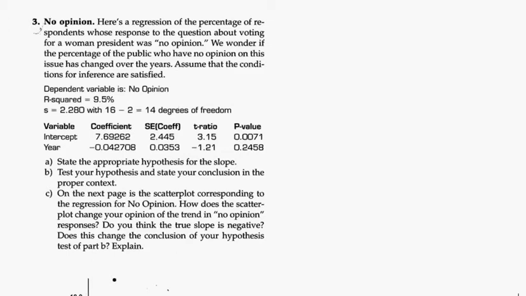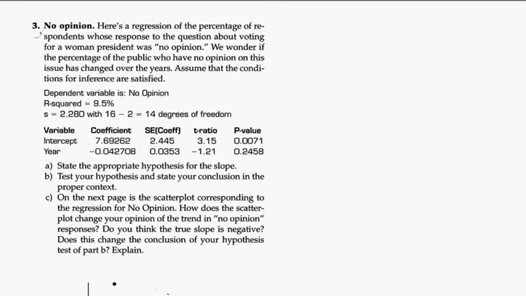Okay, this is problem 3 from chapter 27. We're working with linear regression and trying to deploy hypothesis testing as a tool to give us confidence when we believe we have a linear association.